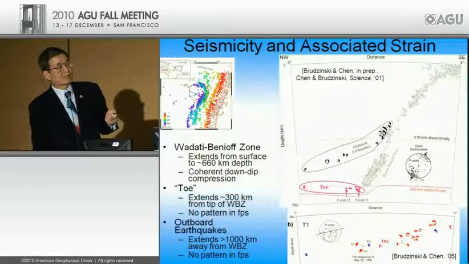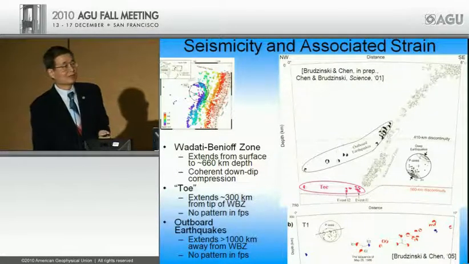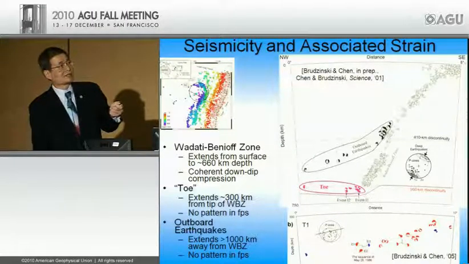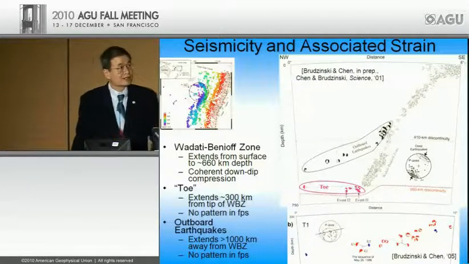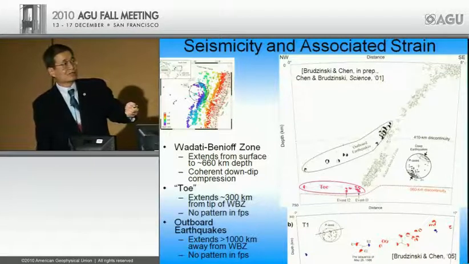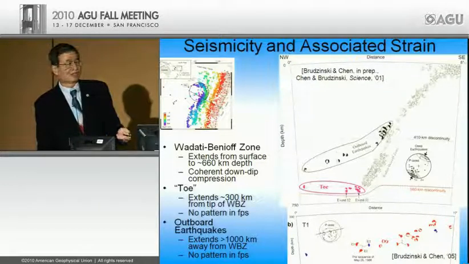The data here are not plotted in this diagram, but basically they don't have any pattern as well. This cross-section runs from here to here by about 1,000 kilometers because there's a wide distribution of these so-called outboard earthquakes. Again, they don't form any pattern in terms of their P or T axis. Now, this doesn't look like much. The separation between the black and the gray is actually 50 to 75 kilometers.